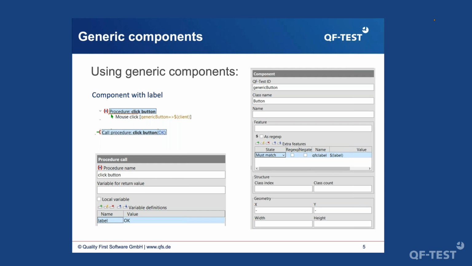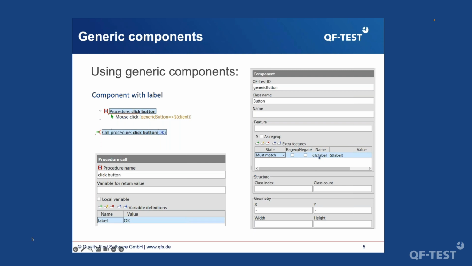To make your life a bit simpler, we also supported the creation of generic components, which is basically an approach to create your own custom component in the Windows and Components tree. For example, you create a generic button where you simply say the class should be a button. You don't have any feature or name there. The only thing used for recognition is the label on the button itself.